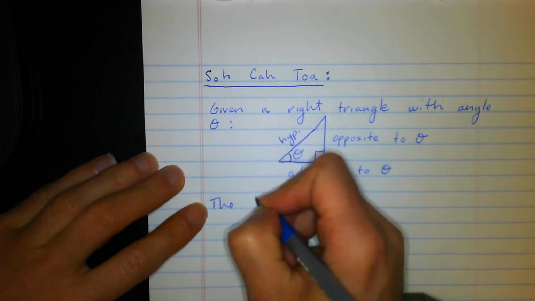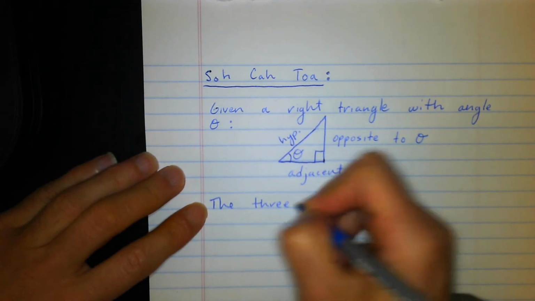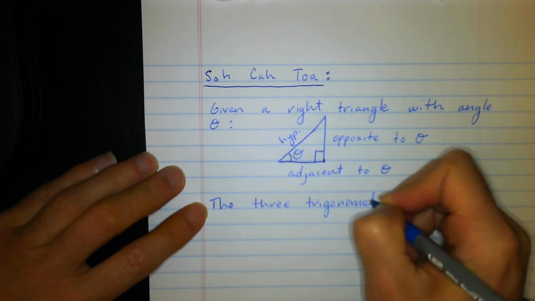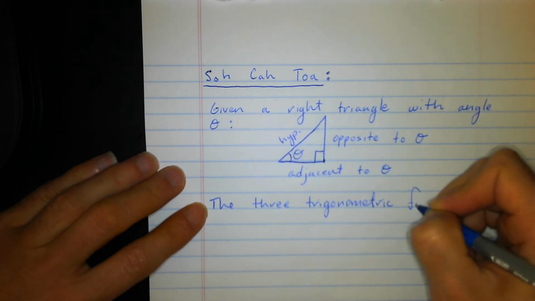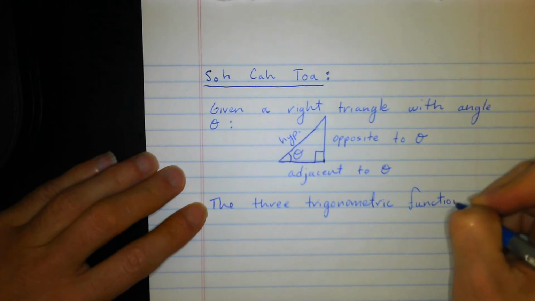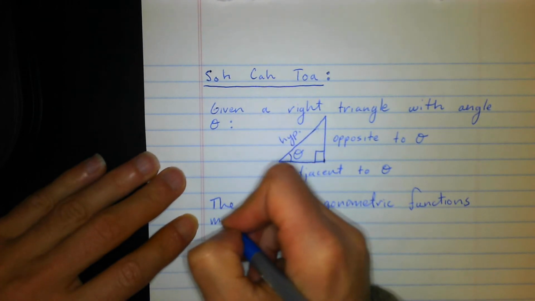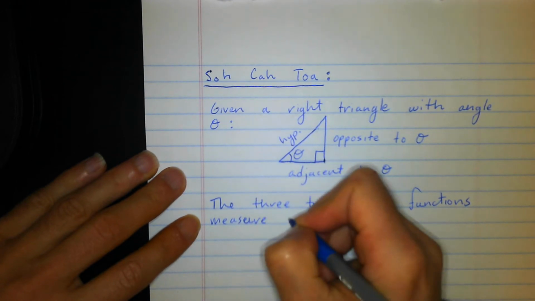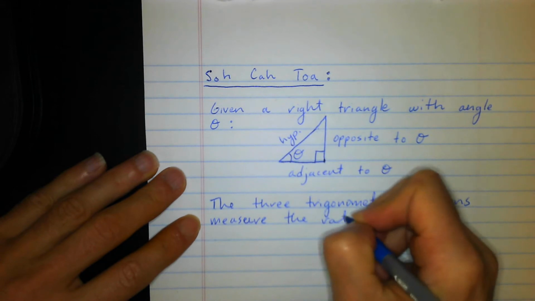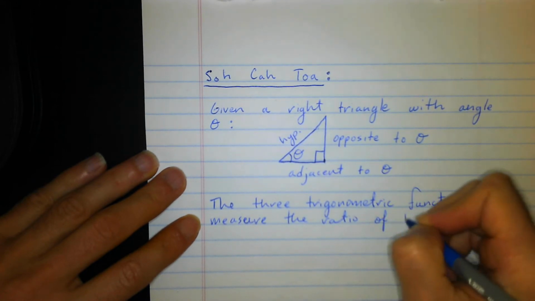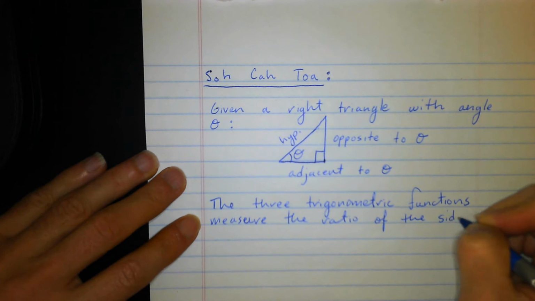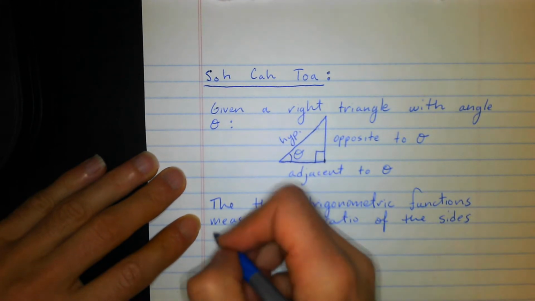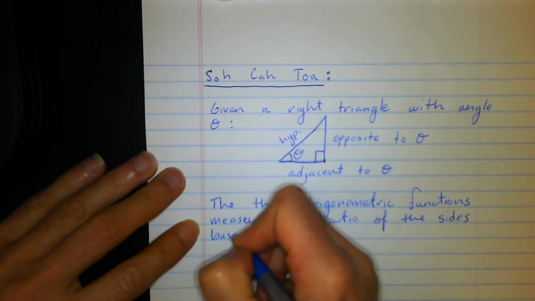the three trigonometric functions measure the ratio of the sides based on the angle theta.